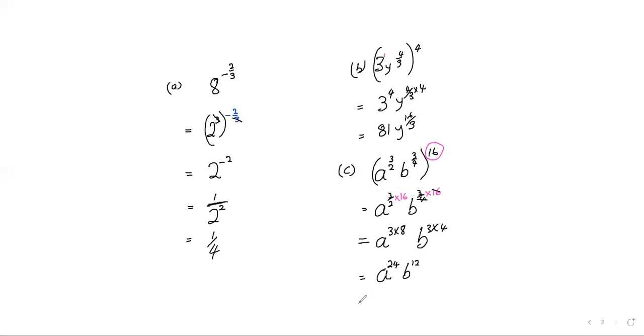This can further be simplified as a squared b, all to the 12, because b times 1 is 1 times 12 is 12, and 12 times 2 is 24. We took the common factor within there. Yes. Let's go to the next one.